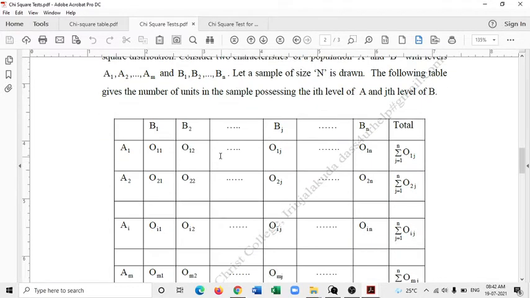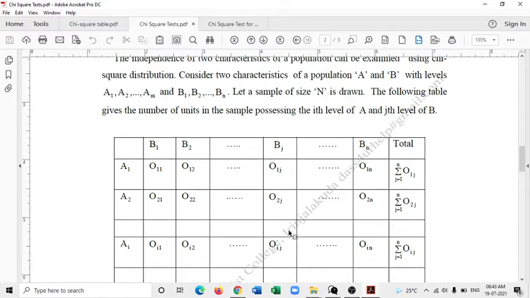This is known as a contingency table, and the entry corresponding to the ijth cell represents the number of units in the sample possessing the ith level of characteristic A and the jth level of characteristic B, that is Oij. Oij is the observed frequency of the ijth cell.